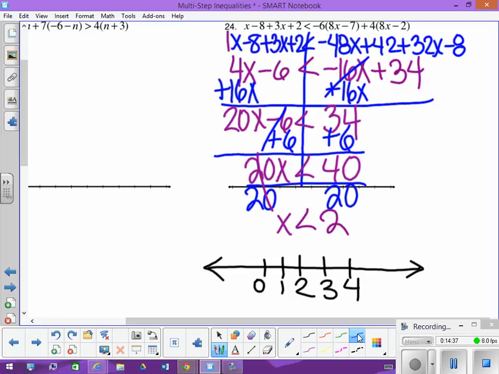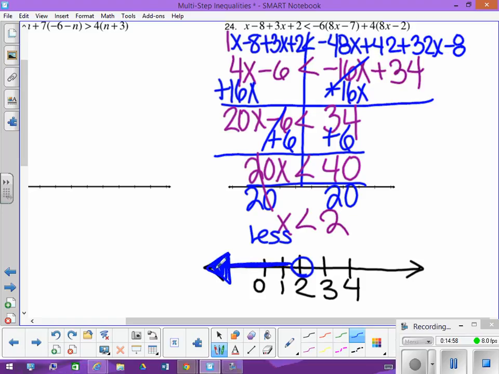So we want to open or close circle? Open, because it cannot be 2. Be really close to it. We want to open circle, and we want all of the x's less than 2. So do we want to go toward 3 or 1? Toward the 1. Because all of this is less.